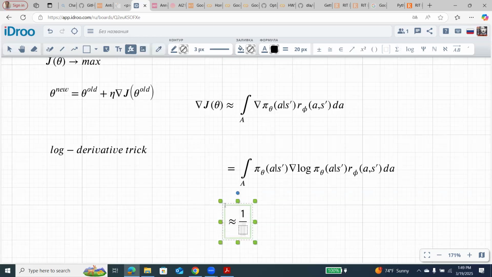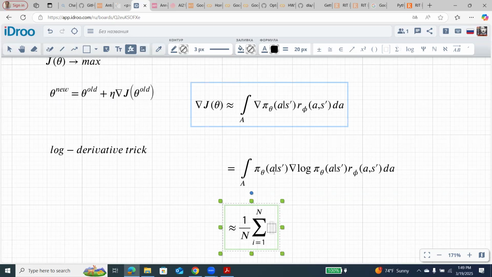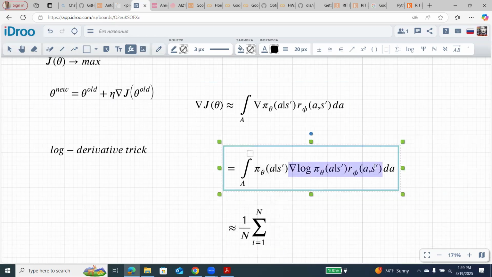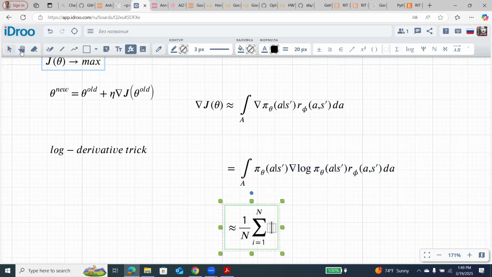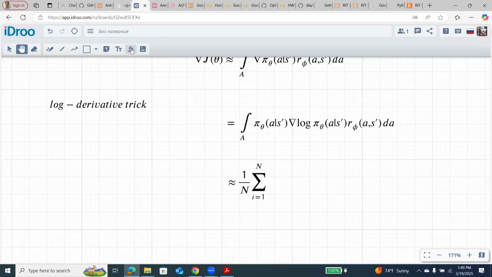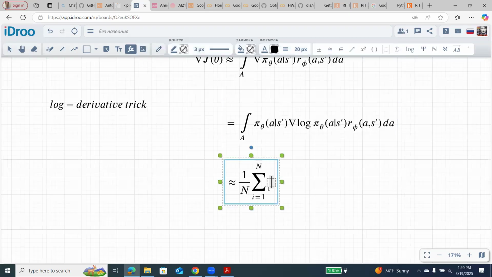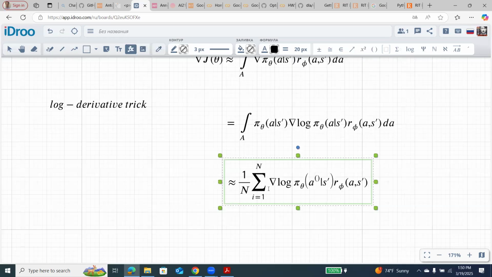So we will use 1 over n sum, and under the sum we will have log times reward. But we sample the outputs from our model here.